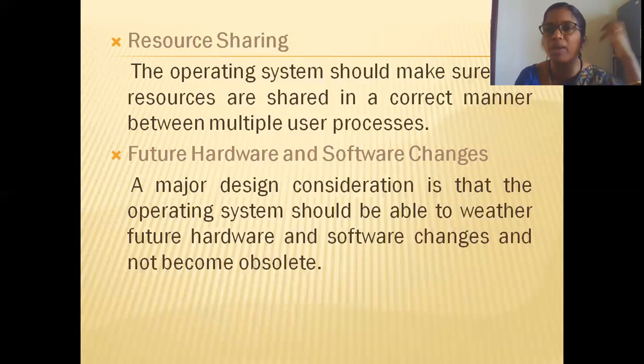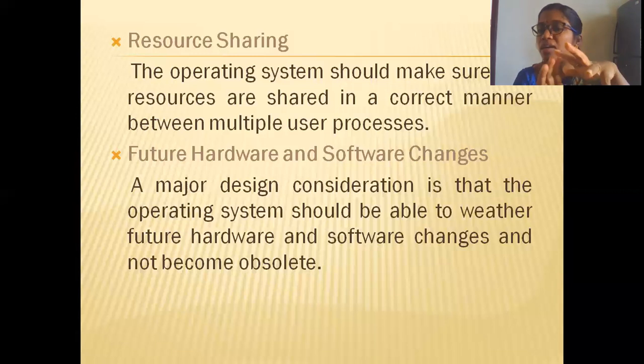It should be adaptable and not become obsolete. It should not give any problem. It should be compatible to adopt the changes that occur in hardware and software. So this is a major design consideration.